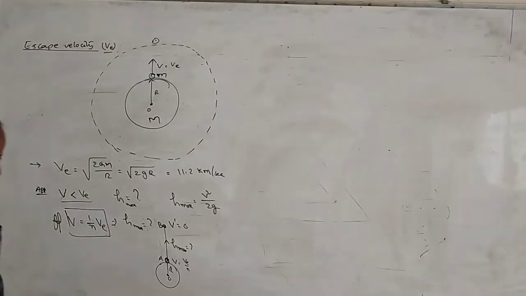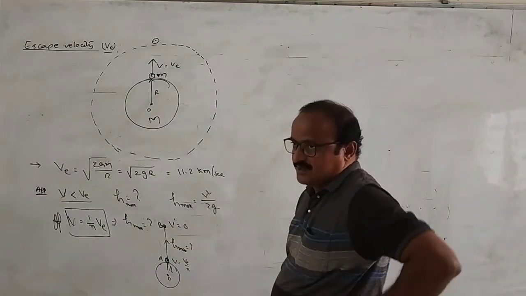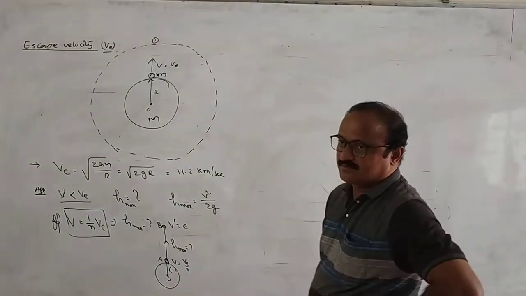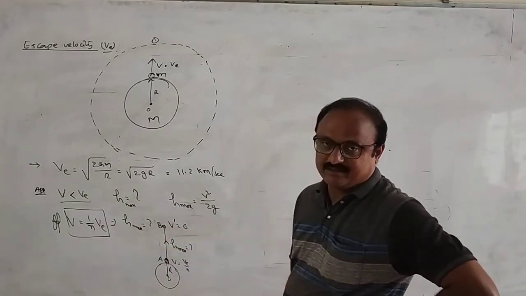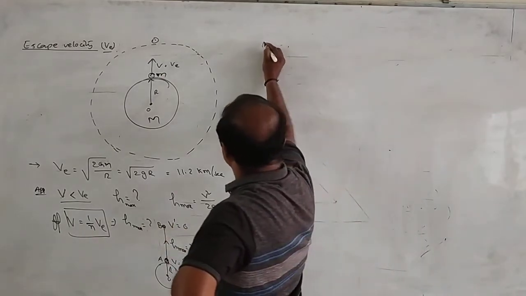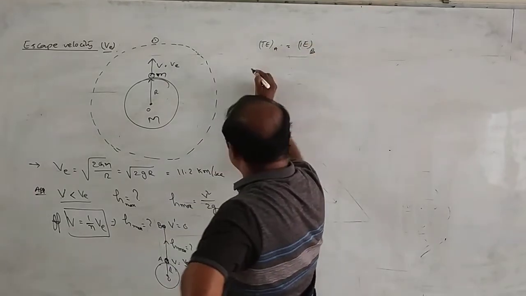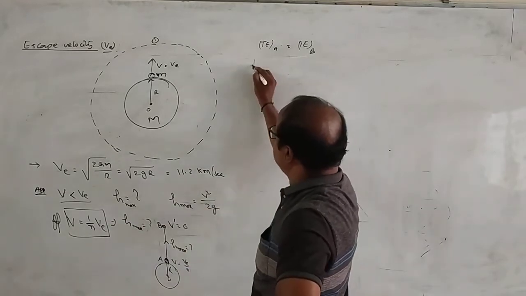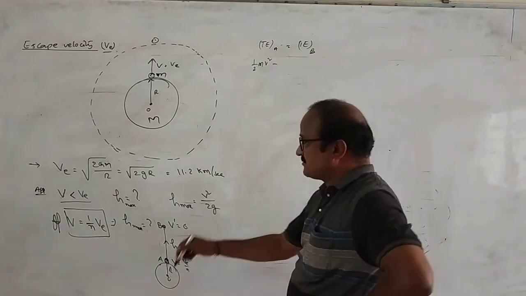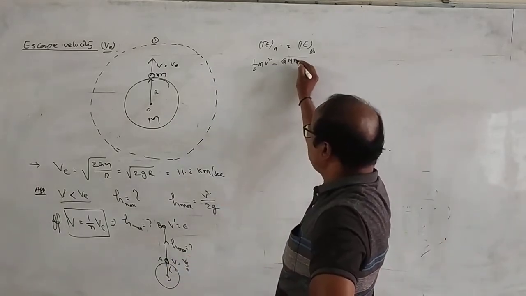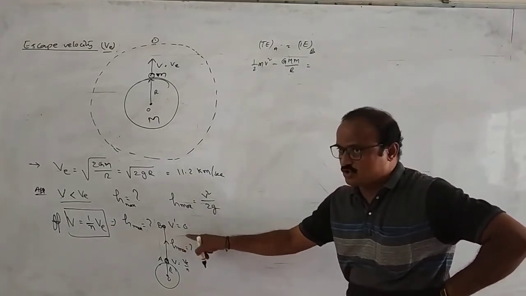In between A and B, according to energy conservation, total energy at A is equal to total energy at B. Total energy at A means it has some velocity, so there is some kinetic energy, and the potential energy of the particle at this point is minus GMm by r. This is equal to the total energy at B. Velocity 0 means K is 0.